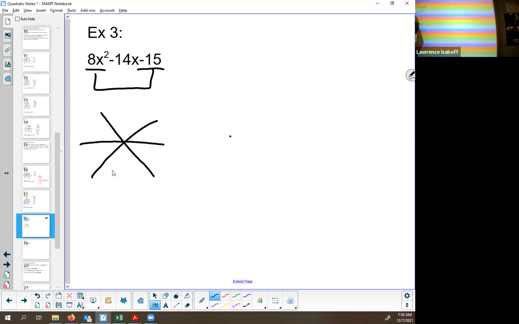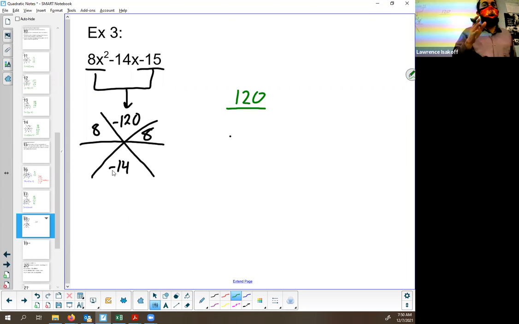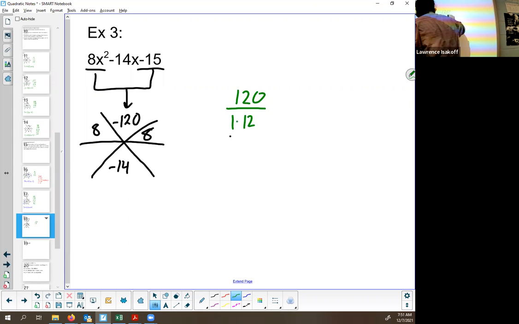So 8 times 15 is negative 120. Whoa. Big number. I'll talk about how we can work on that. 8 and 8, negative 14. So 120. Let's just go through this little by little. 1 times 120 works, right?